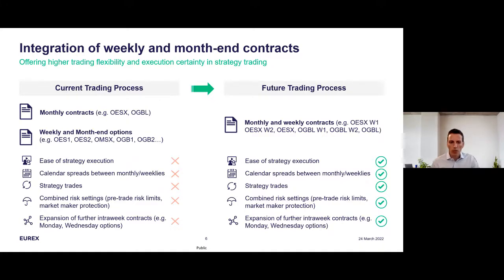We have market maker protection on instrument level, so that means you have different market maker protections, although it's the same underlying. This is also one reason why we see a much higher number of market makers for the monthly contracts compared to the weekly contract. So also there, we would expect by including the weekly contracts to also gain more liquidity on screen.